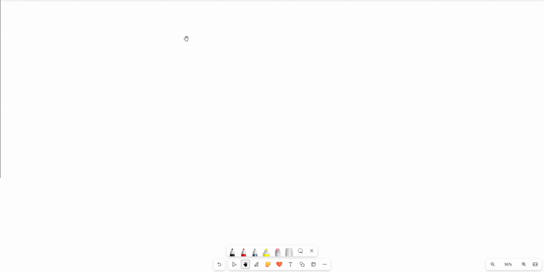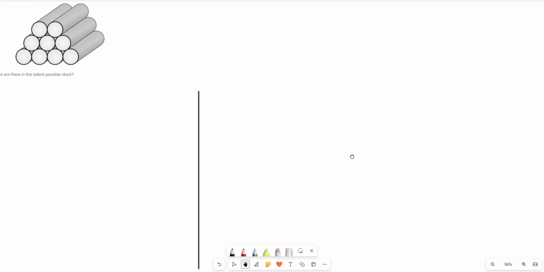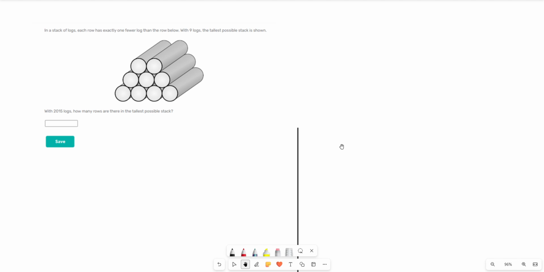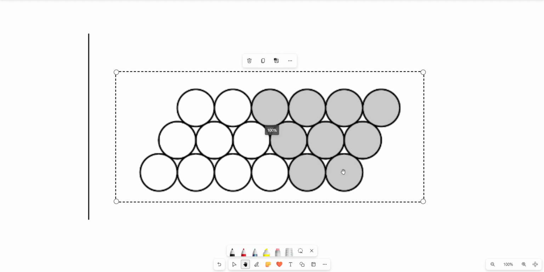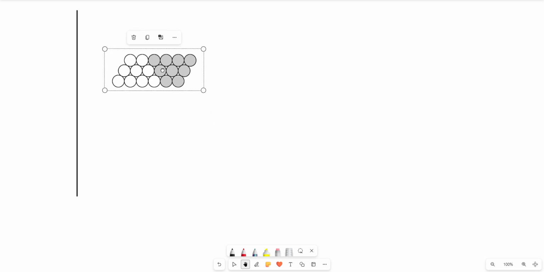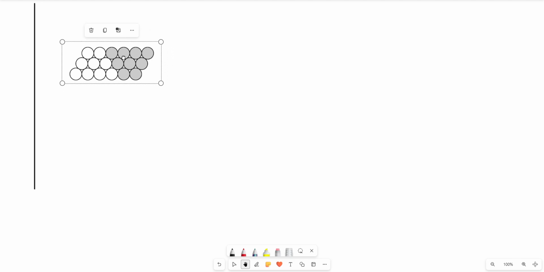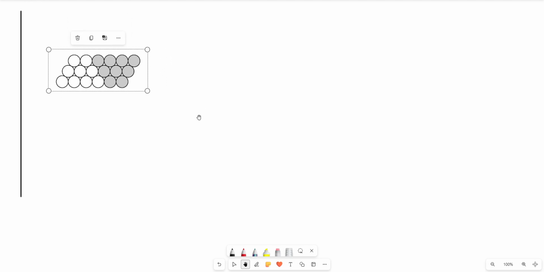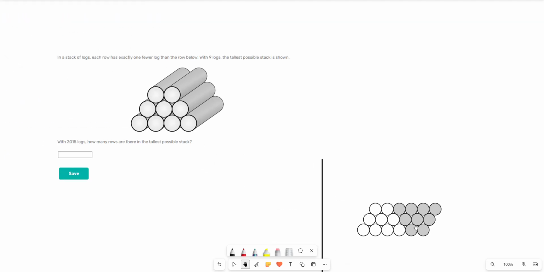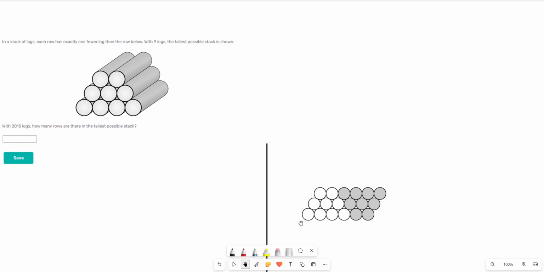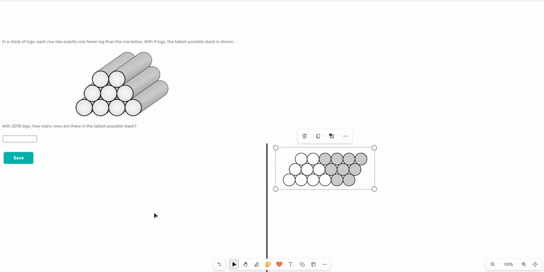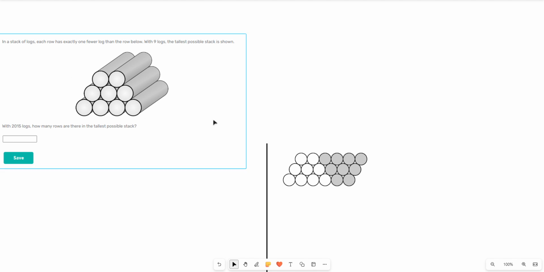So we'll start off. If you can see with the logs, you can actually double them to make something like this. And this is quite important because we can do the exact same thing to number 2015, with 2015 logs, because this is the 9 stack doubled.